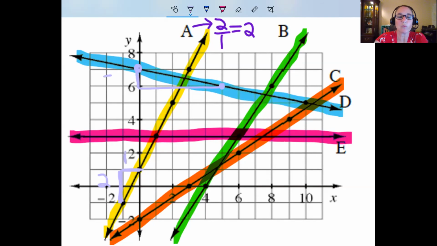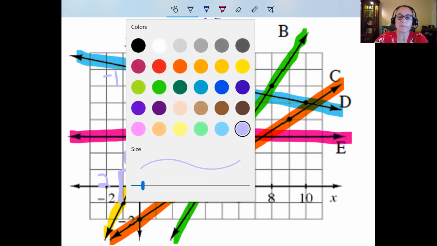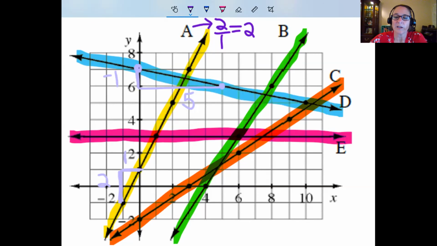I went down one, so I'm going to call that -1, and then I went to the right 5. And so for line D, this was change of y, which is -1, over change of x, which is 5.